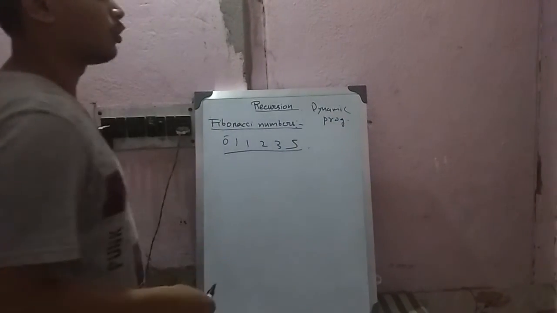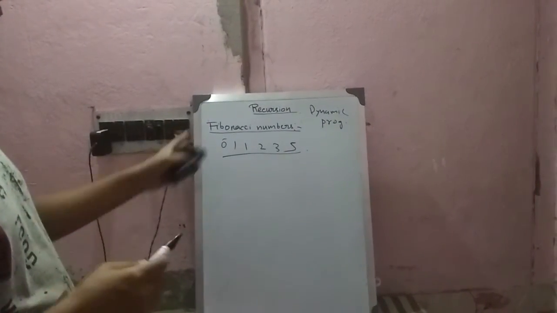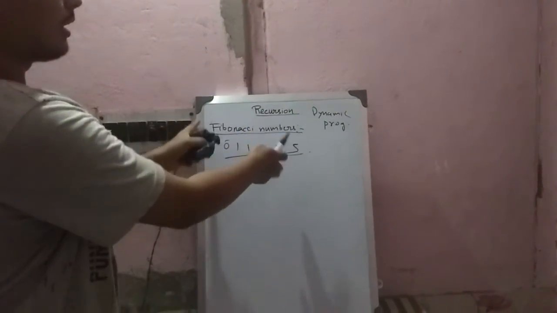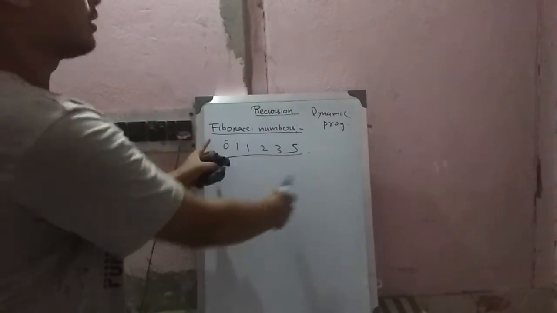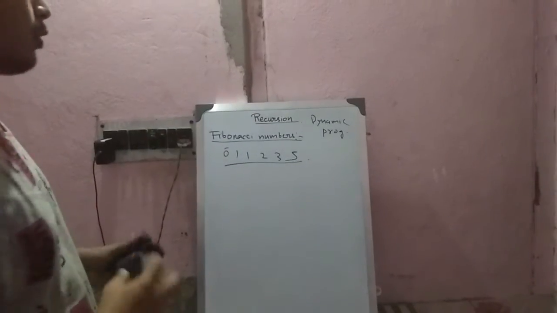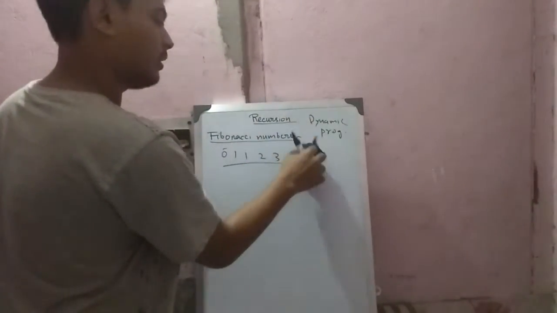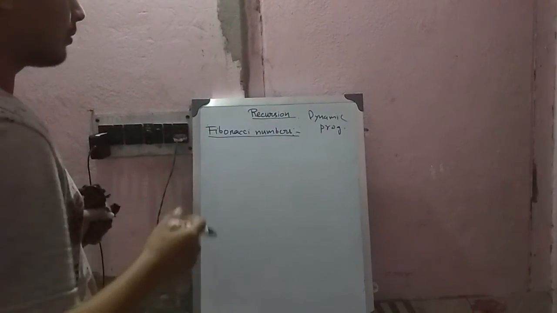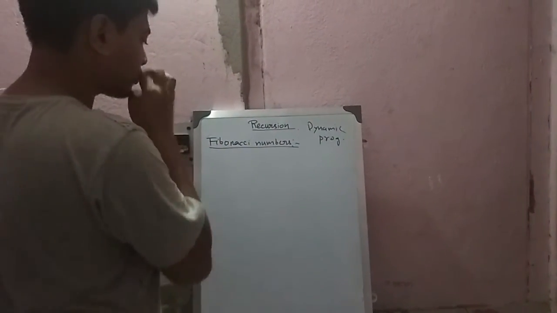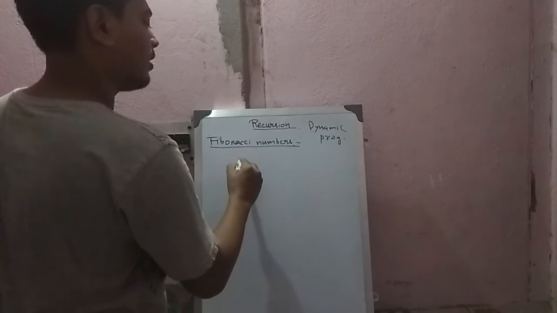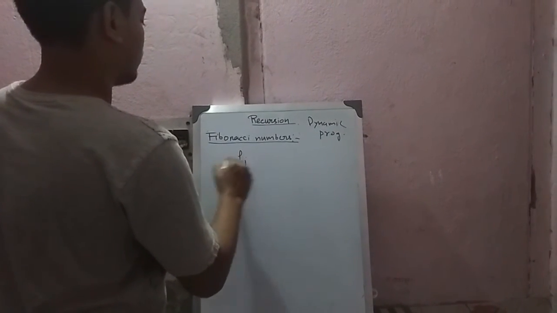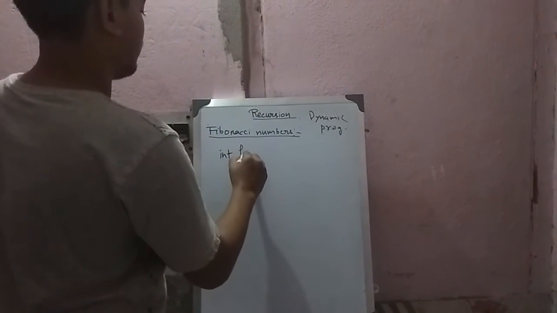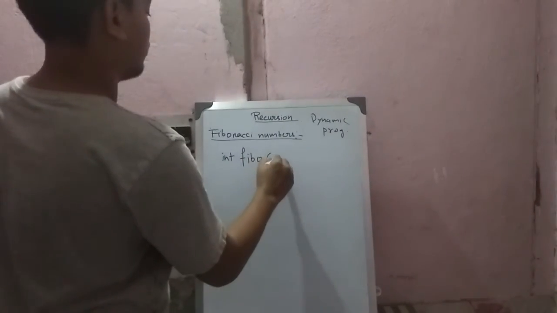So every student has a roadmap. I learned dynamic programming by learning this. The disadvantage of this, I will discuss later. So how can you write the Fibonacci numbers program? Let's take a function int Fibo of n.